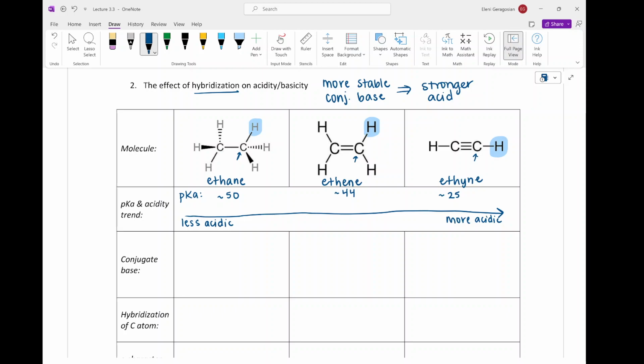So if you imagine a base, I'm just going to draw it for one of these molecules, a base taking the hydrogen, and then remember the electrons in that hydrogen to carbon bond break, and those electrons are now owned by the carbon. So the conjugate base of ethane, losing one hydrogen atom, everything is the same, so I'll draw everything that is not changing first.